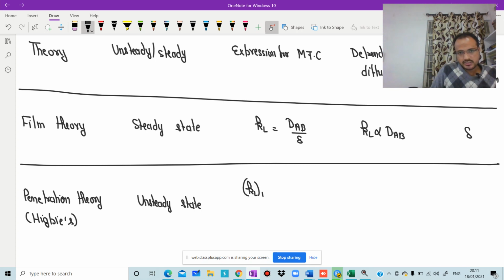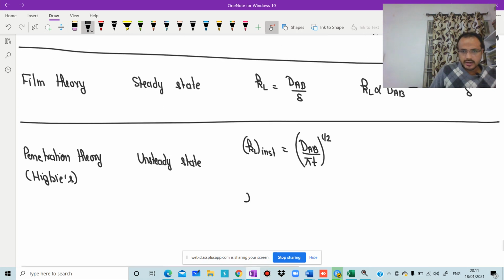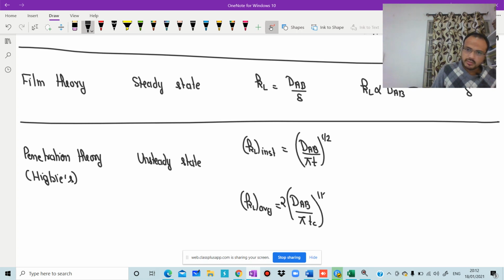One is for instantaneous, KL instantaneous equals square root of DAB by pi t, and KL average equals 2 into square root of DAB by pi into TC. So here KL is directly proportional to DAB to the power 1 by 2, and this is the contact time TC.